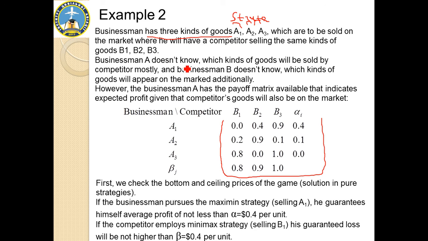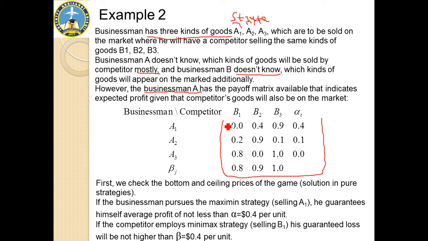Businessman A doesn't know which kind of goods will be sold by the competitor mostly. And businessman B doesn't know which kinds of goods will appear on the market additionally to his kinds of goods. However, businessman A has the payoff matrix available that indicates expected profit given that the competitor goods will also be on the market.